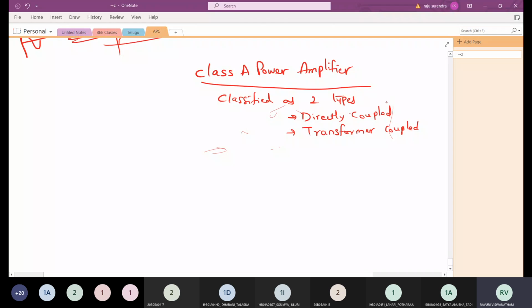Why directly coupled is, here the load resistance is directly connected to the collector. That's why it is called a directly coupled class A power amplifier. And today we are going to discuss the directly coupled class A power amplifier.